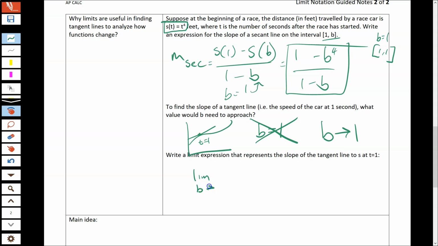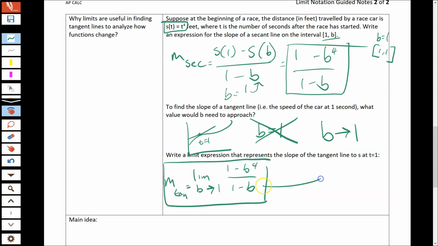We want the limit as b approaches 1 of 1 minus b to the fourth over 1 minus b. And this is no longer the slope of my secant line. The answer to this limit would be the slope of my tangent line. Now, we don't know how to solve this yet, but we're going to build towards some methods of solving these limits because they help us find the slopes of these tangent lines and help us analyze how quantities change.